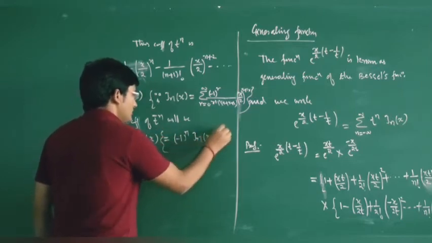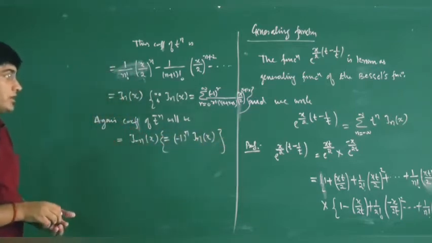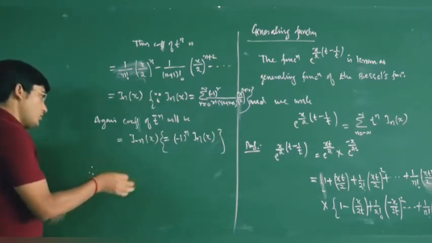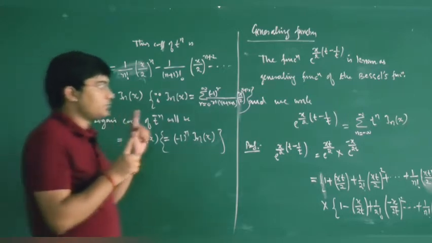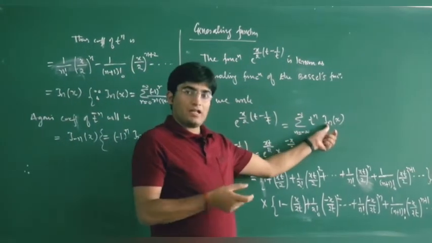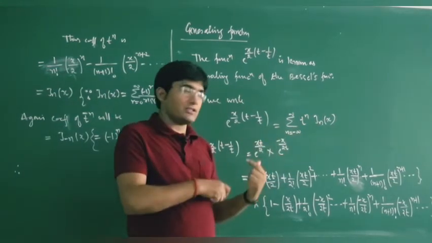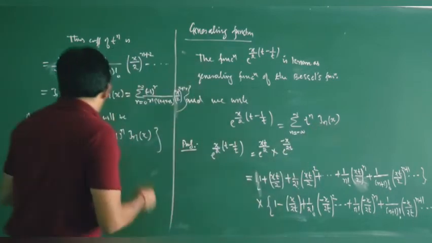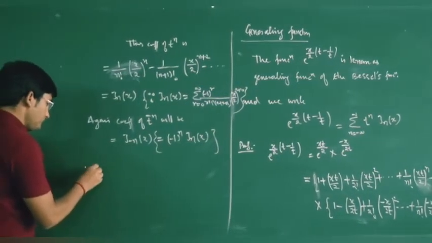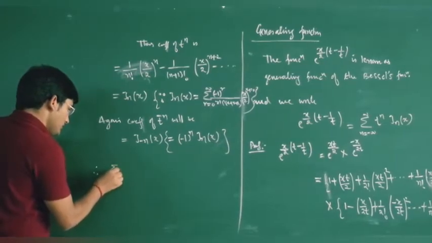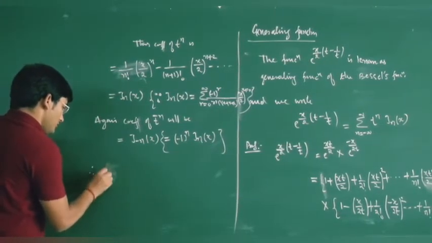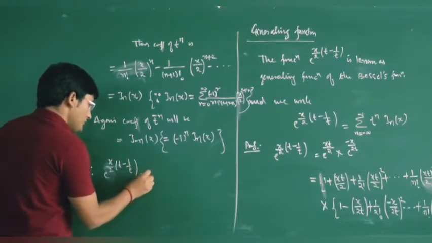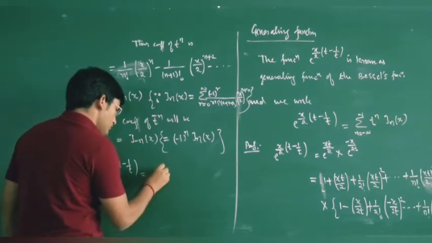Therefore, we can say that the coefficient of t to the power n when n is positive is Jn(x), and the coefficient of t to the power n when n is negative, if you replace n by minus n, then we will get J minus n(x). Thus we can write e to the power x by 2 into t minus 1 by t equal to the summation of t to the power n into Jn(x).